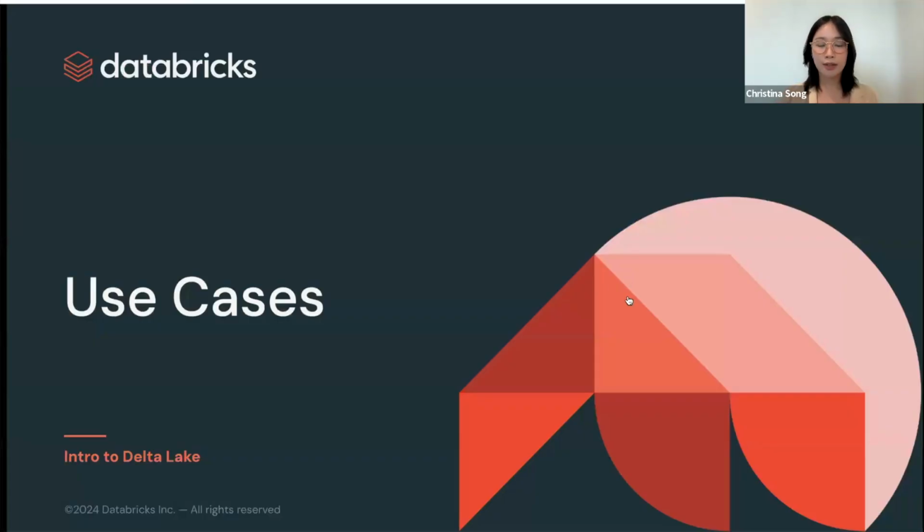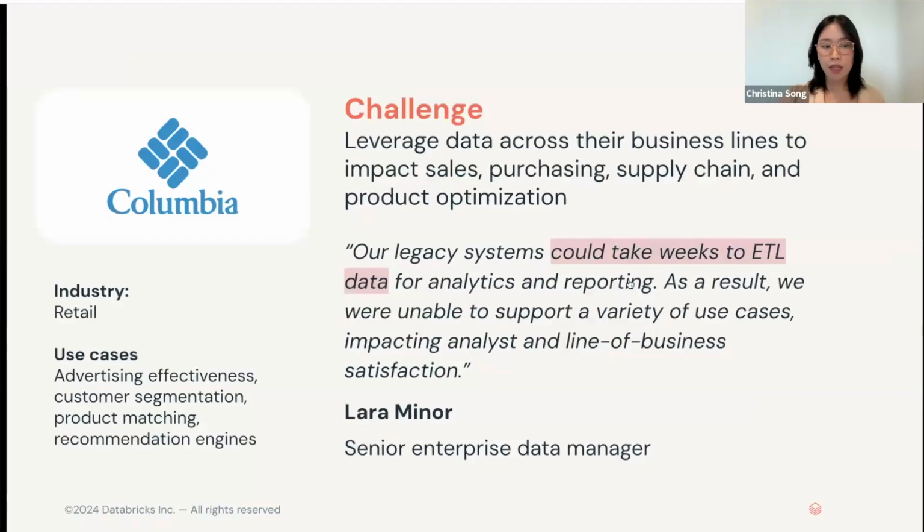So I just went on explaining a bunch of features and benefits of Delta Lake. I want to bring this back home by discussing one of Databricks customers that found Delta Lake super helpful. Columbia Sportswear. I'm sure you all are familiar.